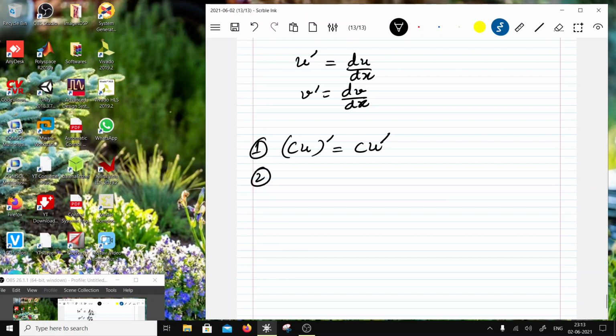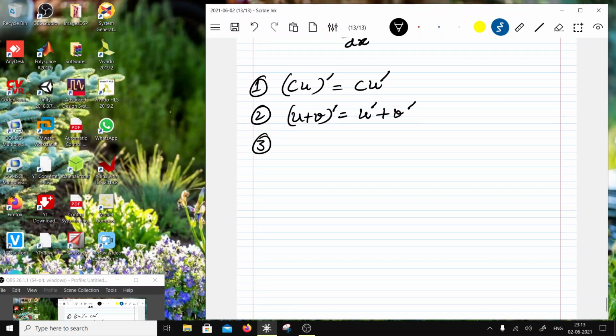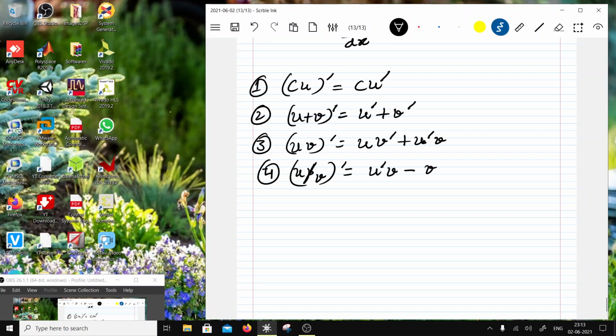Second thing is if I have u plus v, differentiation with respect to x, you can do u differentiated to x and then v differentiated to x. Third, if you have u and v multiplied and differentiated, then it will be u dash v plus u v dash. Fourth, if you have u divided by v, then you have u dash v minus v dash u divided by v square.